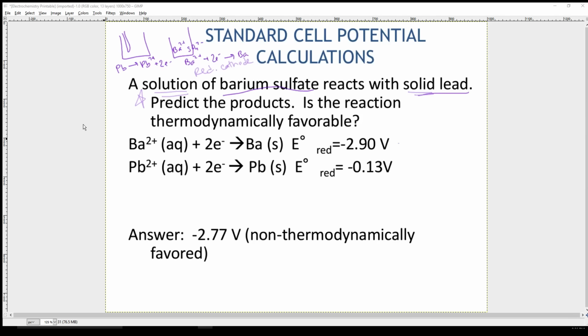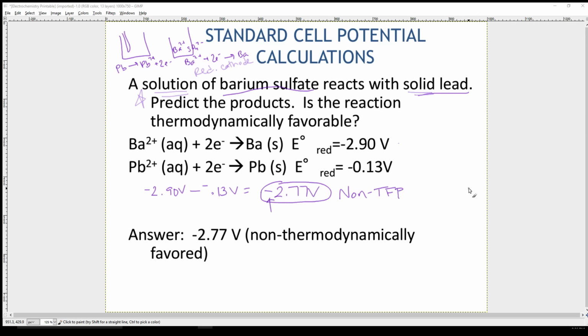So knowing that, let's use our equation. So we want the cathode minus the anode. So negative 2.90 volts minus the anode, 0.13 volts, and we end up with this large negative number. So, is this thermodynamically favorable? No, it's not thermodynamically favorable because it is negative.